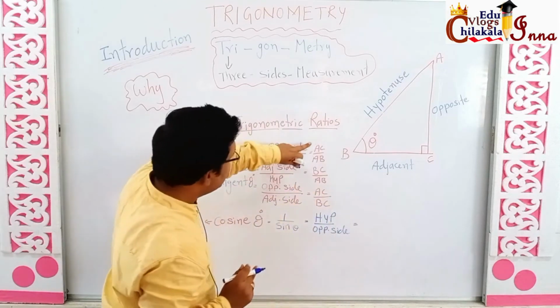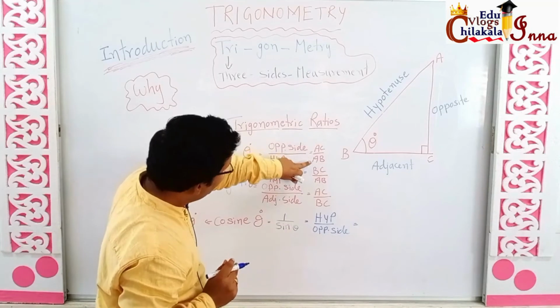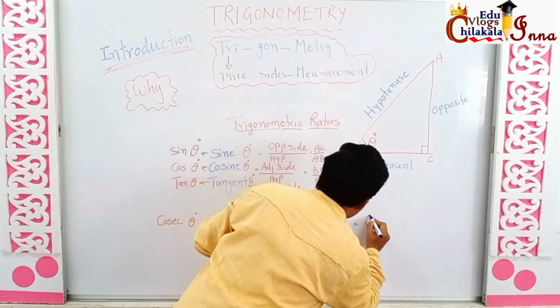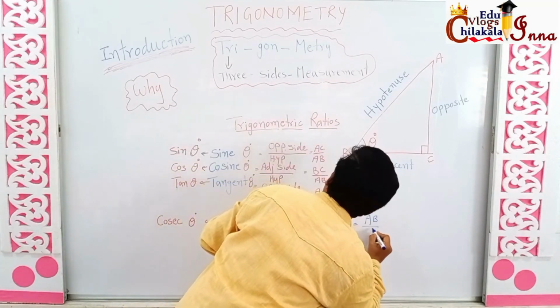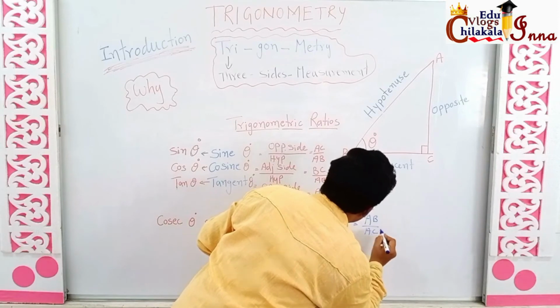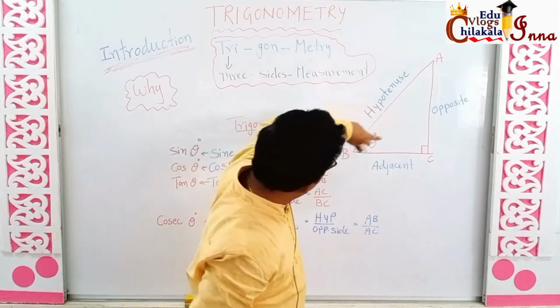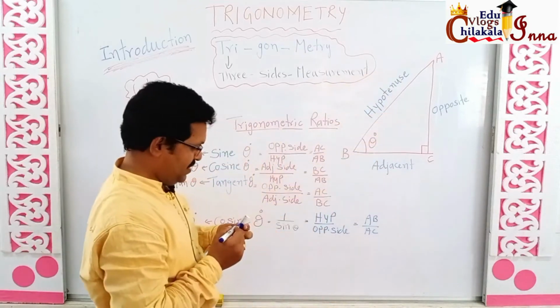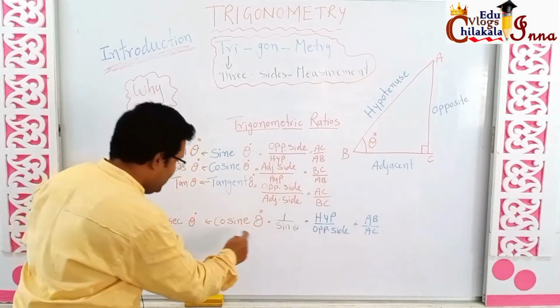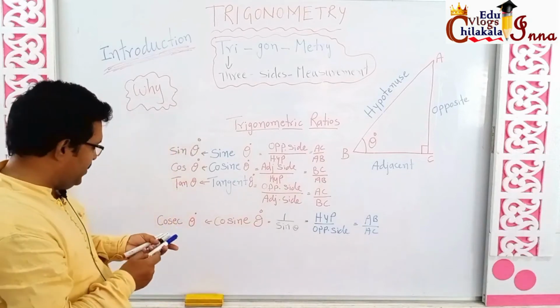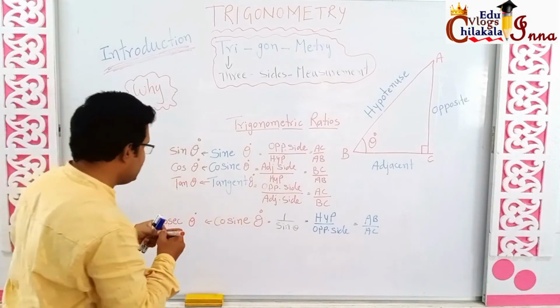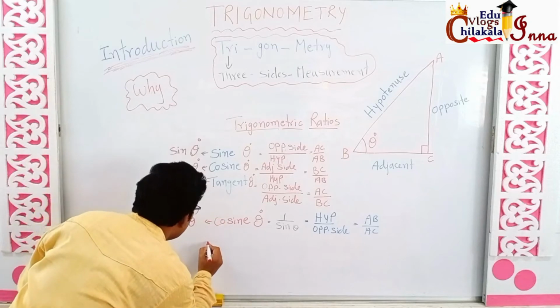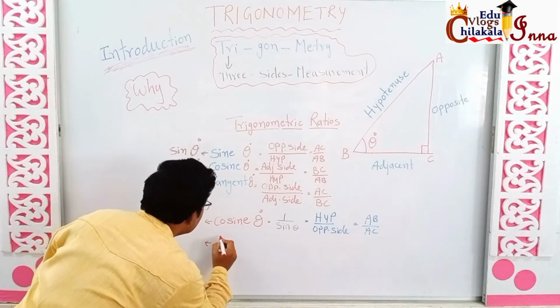That will be AB by AC. Where is AB? Hypotenuse by opposite side. Very good. That's it. Let me finish one more thing for you. So first let me write again here.